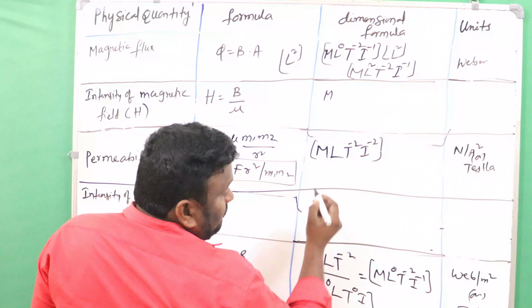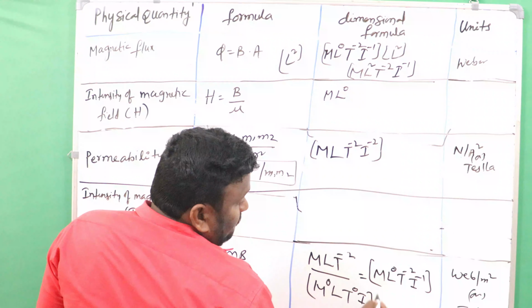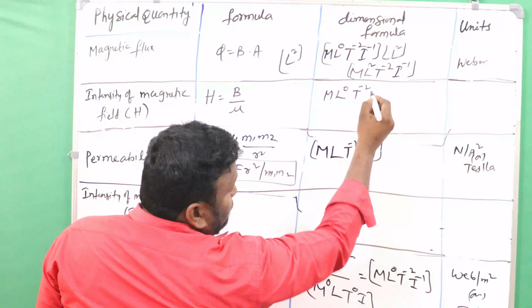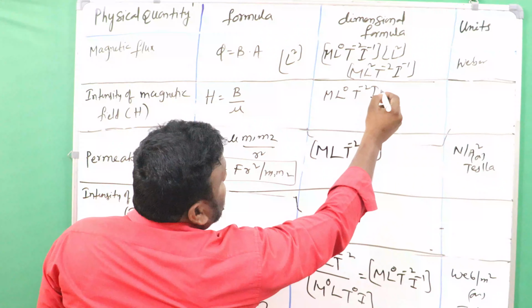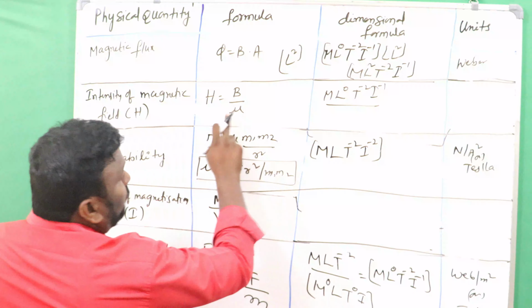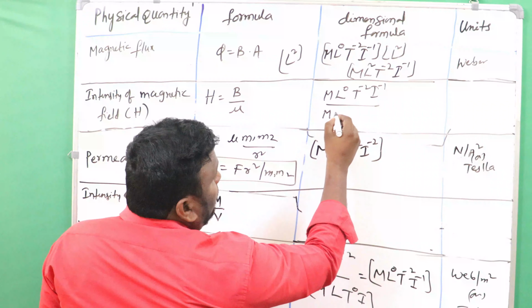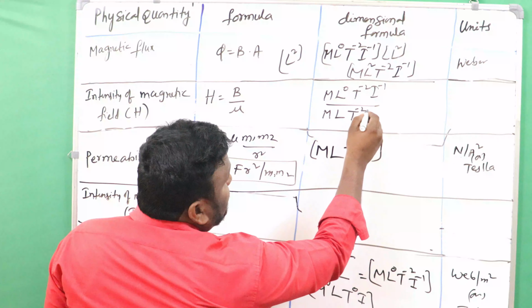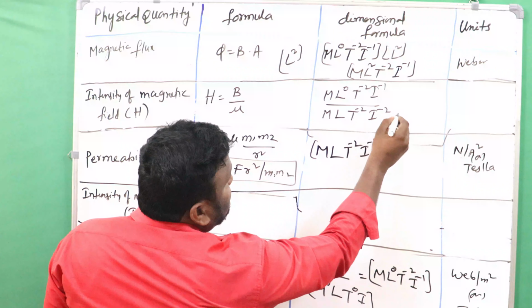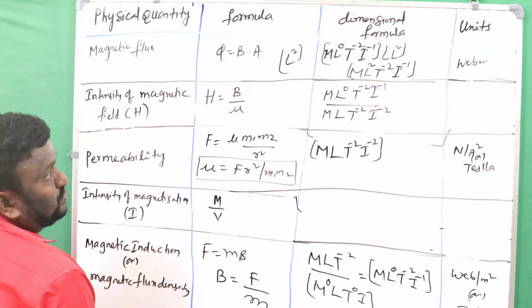M L to the power of 0, T inverse 2, I inverse 1, divided by mu. Mu dimension formula is what? This one: M L T inverse 2, I inverse 2.